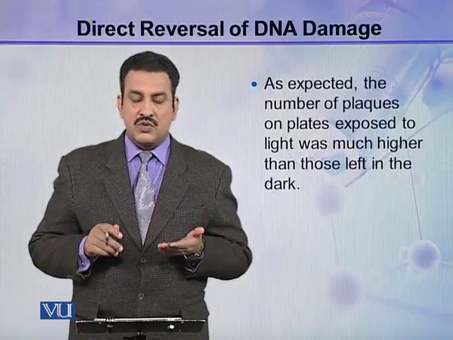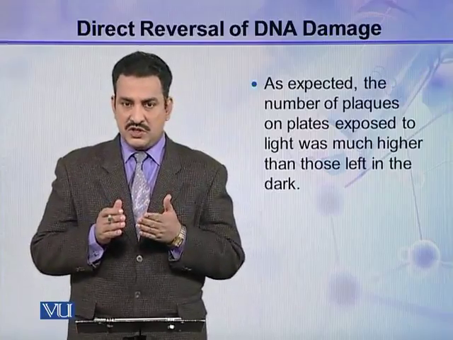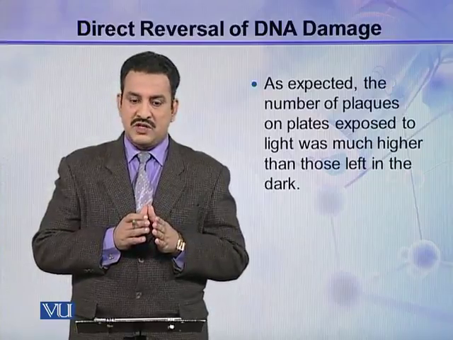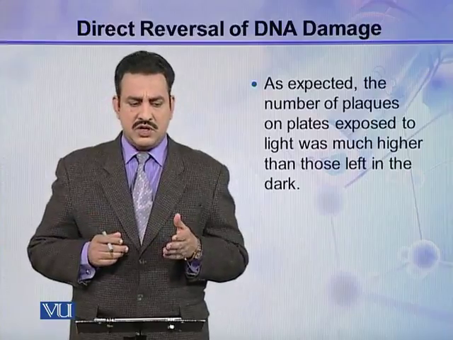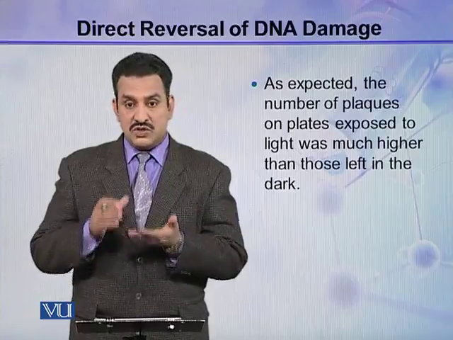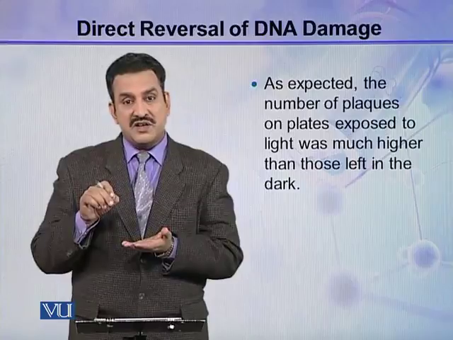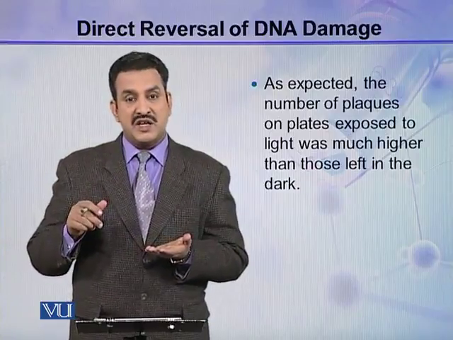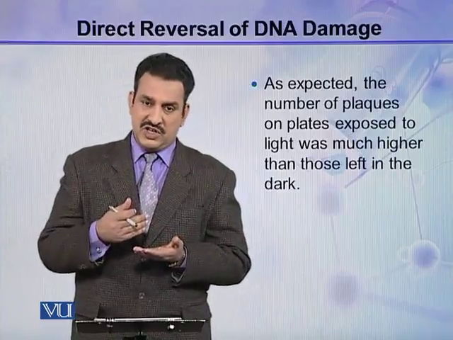That means when he irradiated the phage, the phage got mutated and should not have been able to attack the bacteria and lyse them. But when he placed these phages in light, light repaired the mutations in the bacteriophages, enabling them to attack the bacteria.